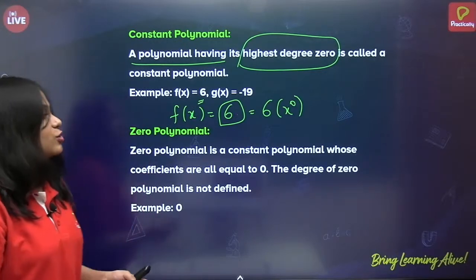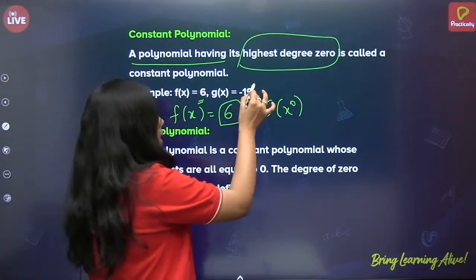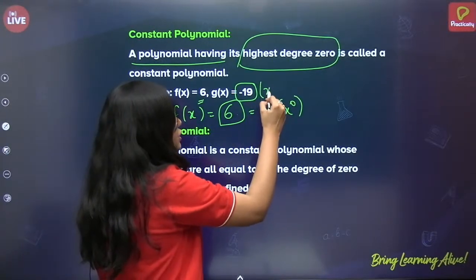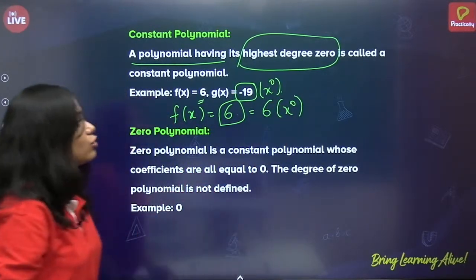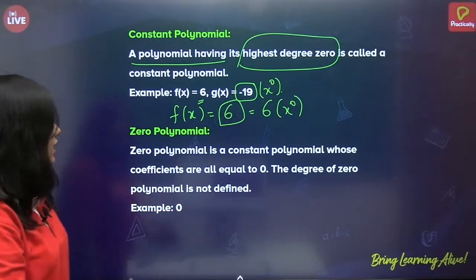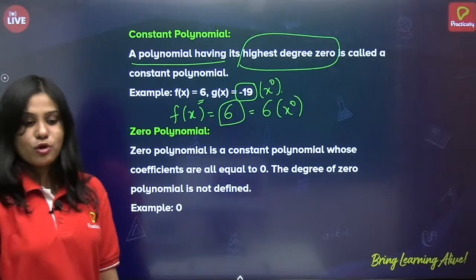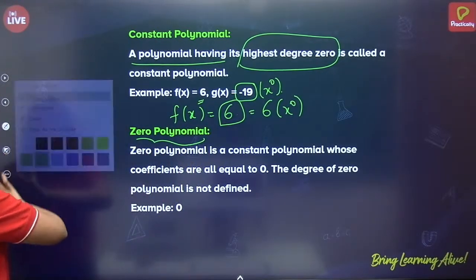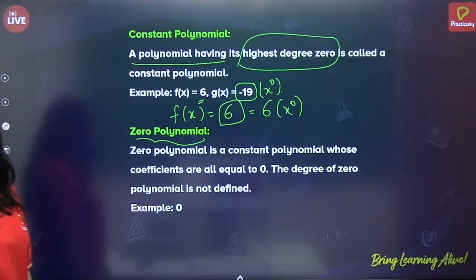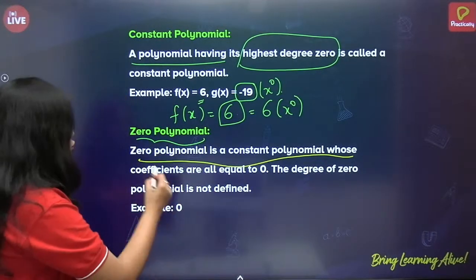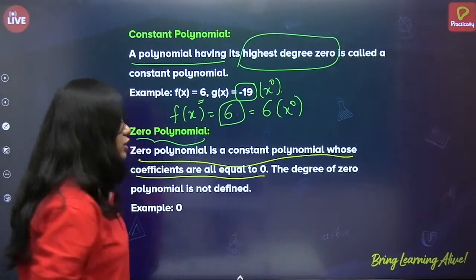Yes, definitely yes. If I take minus 19, I can write minus 19 into x power 0. In all these, the highest degree is 0. So yes, that is known as a constant polynomial. But what exactly is a zero polynomial? A zero polynomial is a constant polynomial whose coefficients are all equal to 0.